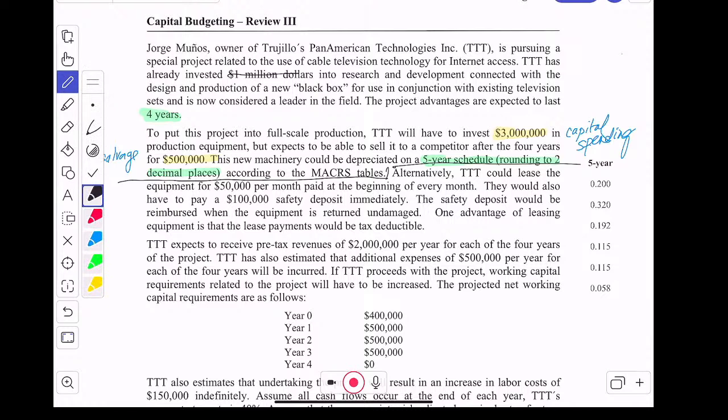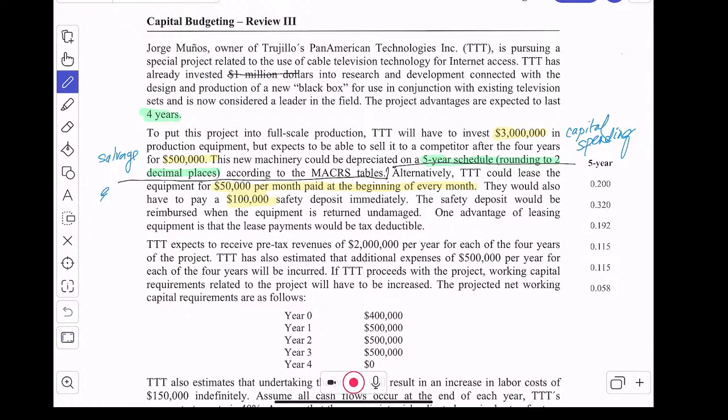With a lease, rather than buying it, they lease it. And notice it's beginning of the month payment. They would also have to pay $100,000 safety deposit. So you'll just see that as an expense immediately. The safety deposit would be reimbursed when the equipment is returned. Okay, so this is the alternative.